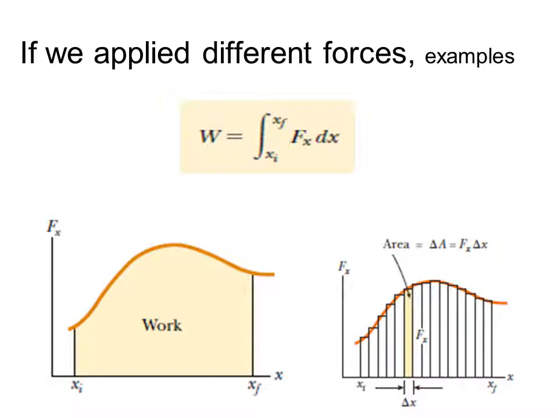So we calculate the work by the area under the curve, by the integration from the initial xi to the x final of f of x dx. So we can calculate the work by the area under the curve.